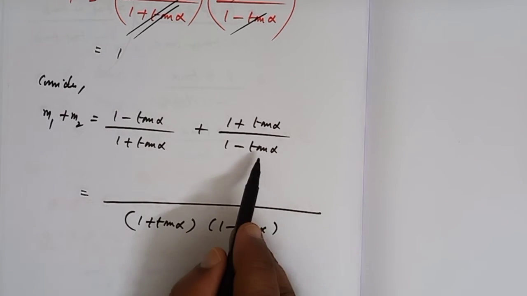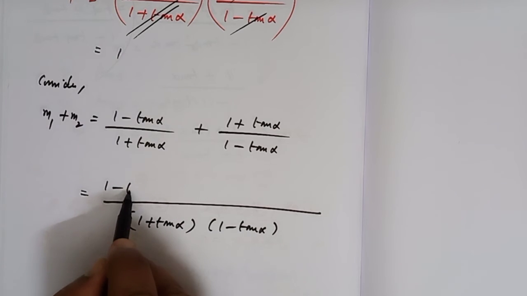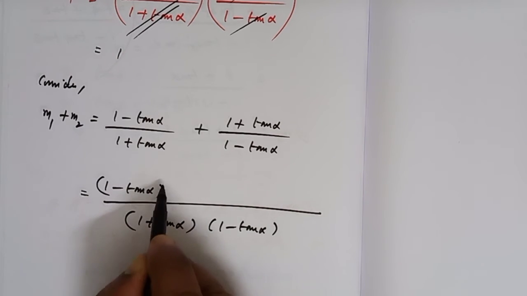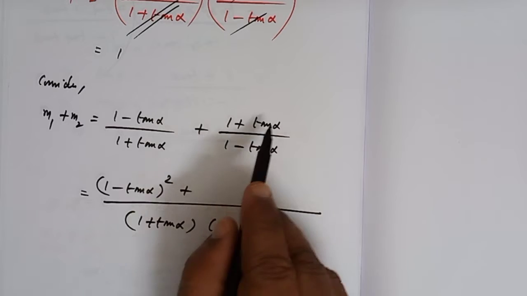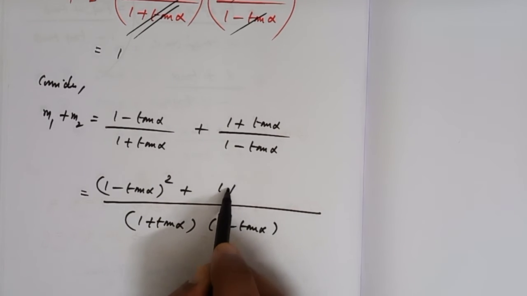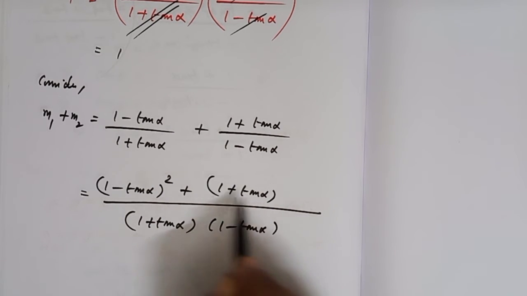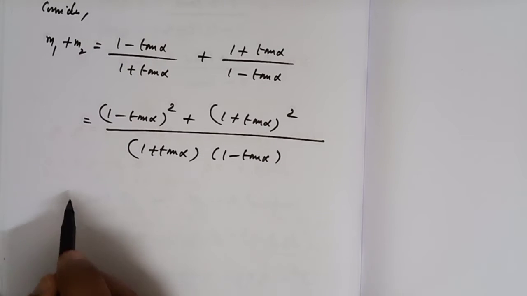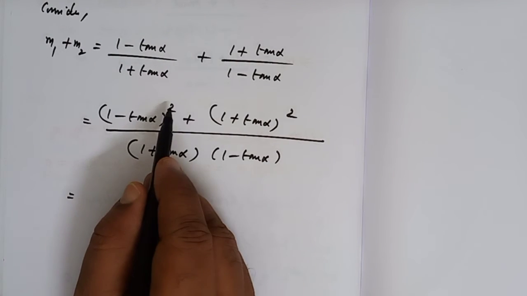Since nothing is common, you just multiply these two: (1 − tan α) into (1 − tan α), that is the whole square, plus (1 + tan α) whole square. Here you can apply the (a − b) whole square formula.